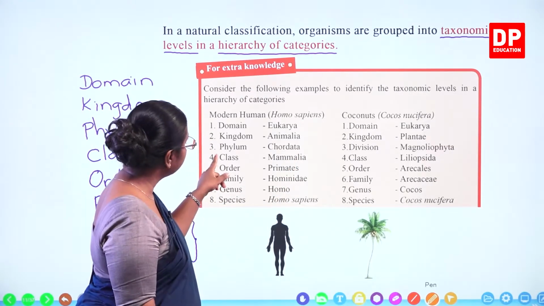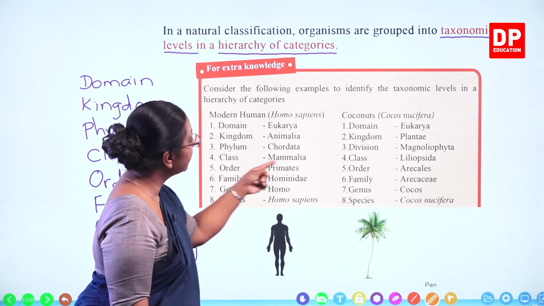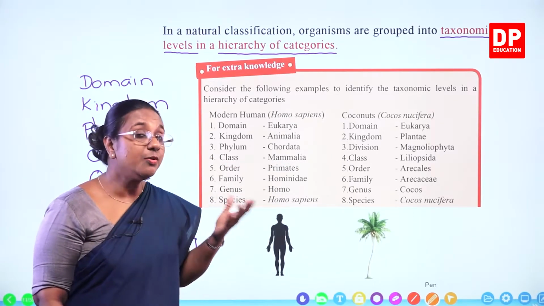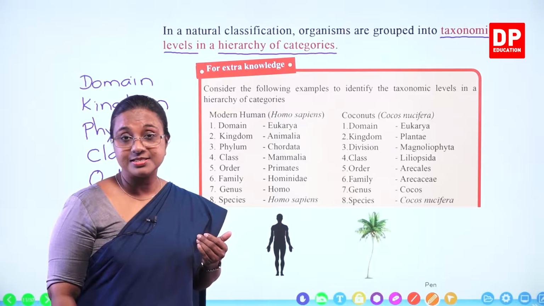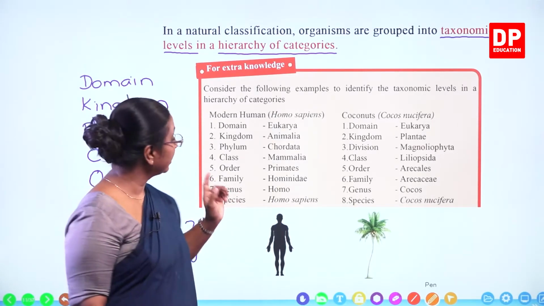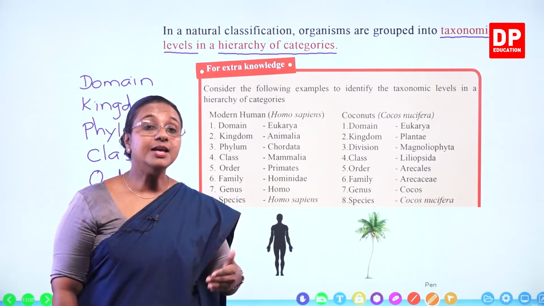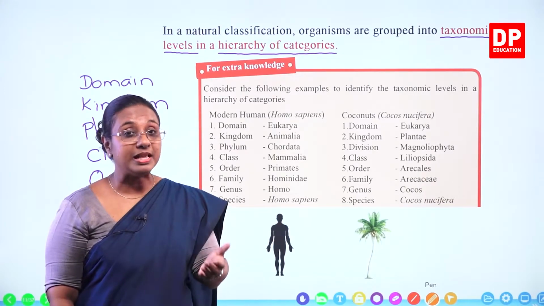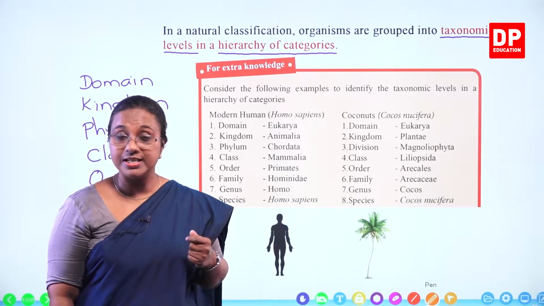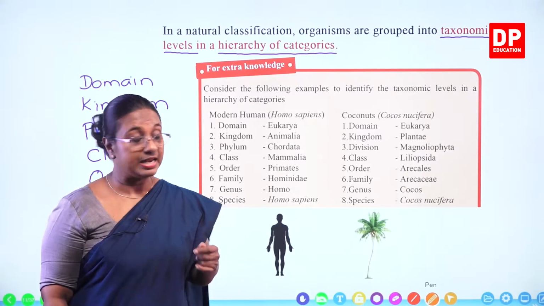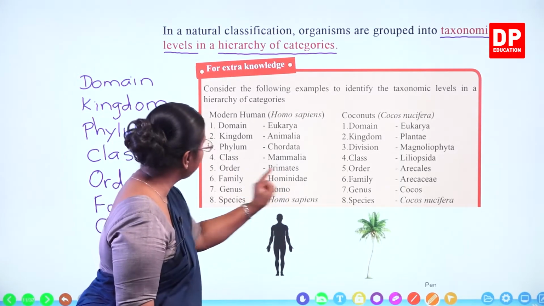Then under Chordata, there is the class Mammalia. We have discussed many different classes. We belong to class Mammalia. Why? We nourish our young with milk, and the female organisms have mammary glands. So that is why class Mammalia.